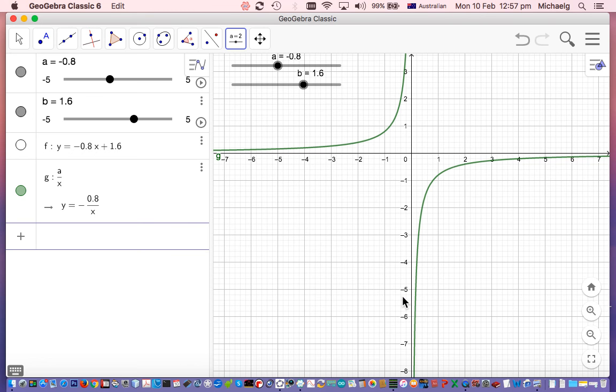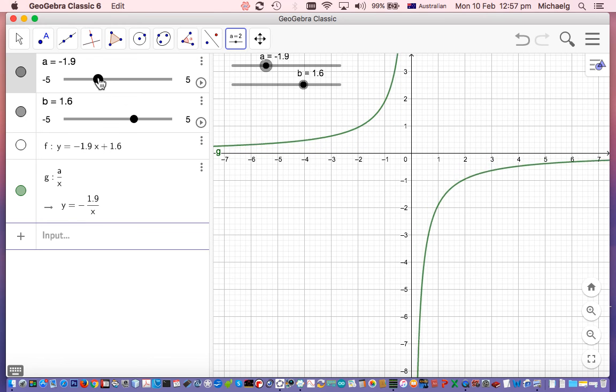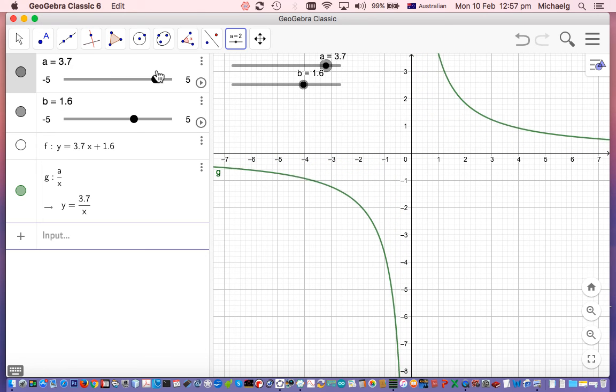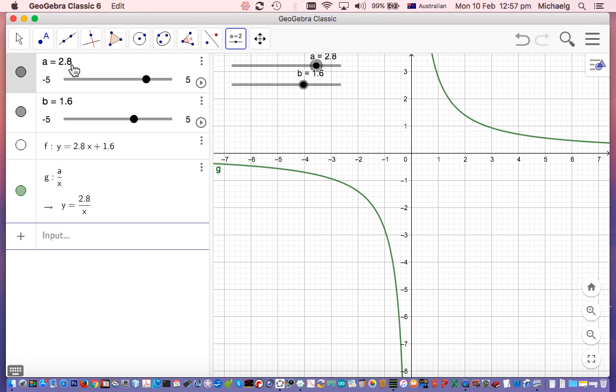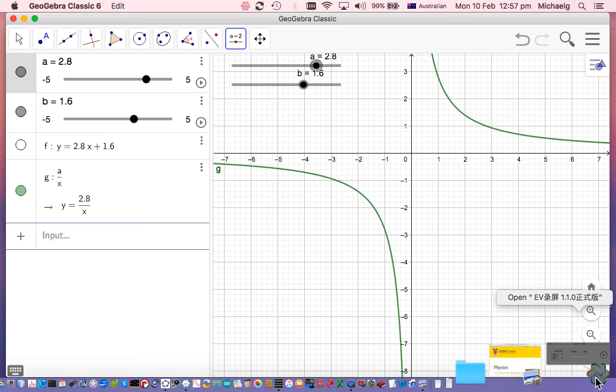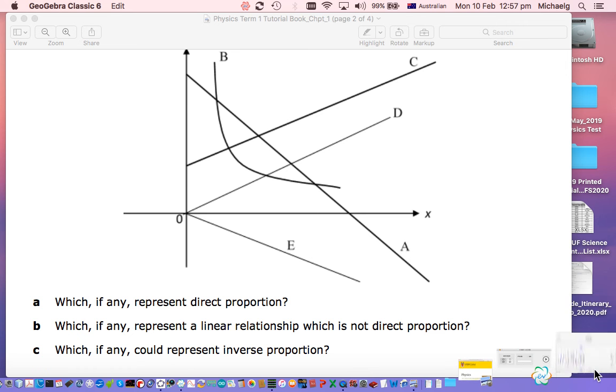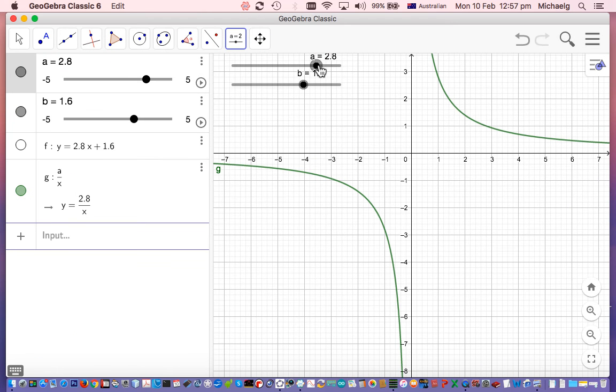Now I can change this A value. It's going very negative. When it crosses over from 0, it's a straight line, but then we've got something like this. Let's get our curve up here that we're looking for. We had something that looks like that. There could quite possibly be another curve on the other side, but we have just generated that.